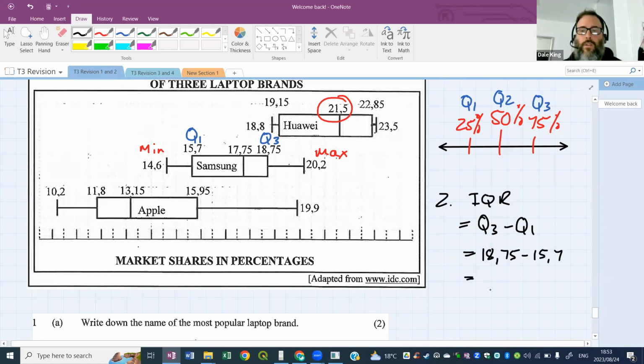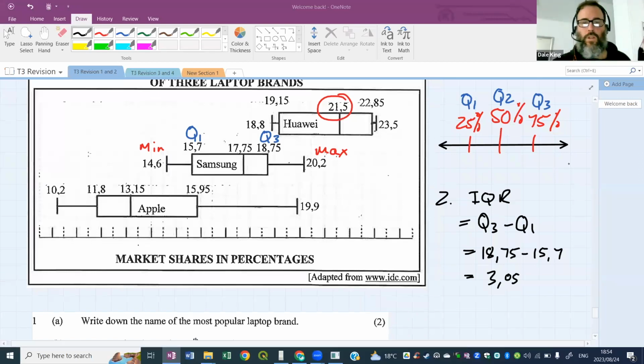Guys, what's 18 minus 15? 3. And there's actually a 0.5 left. Cabo had it earlier as well. Good, well done. Cabo, then Aura, well done. Okay, so don't do max minus min, that's range. You got to do Q3 minus Q1.